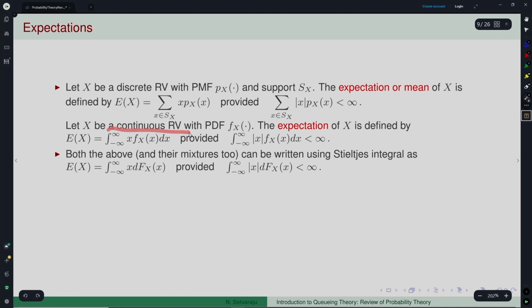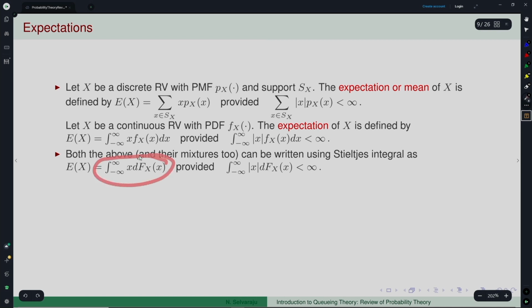Similarly, for a continuous random variable with a PDF fx, the expectation is defined to be this, provided this is finite. Now, both these forms, here written as a sum and here as an integral, can be written using the Stieltjes integral. For those of you who are not familiar with the Stieltjes integral, it does not matter much, but this notation is what will then be used.